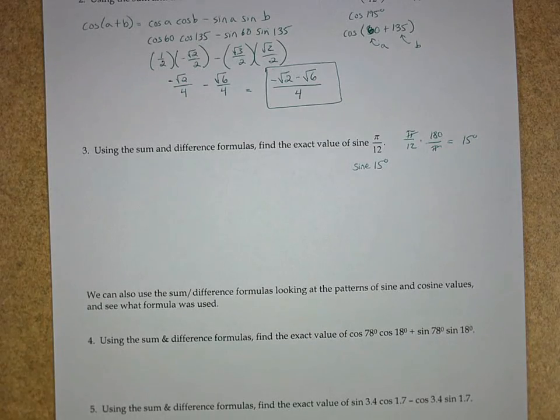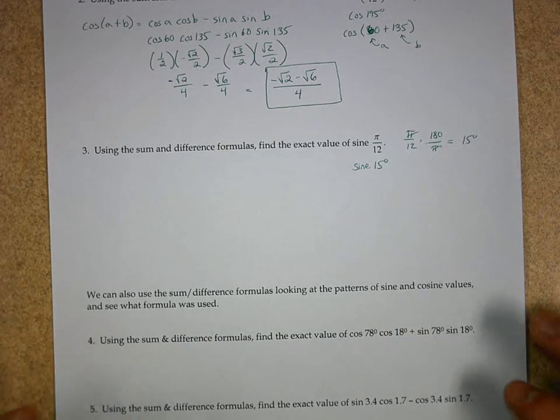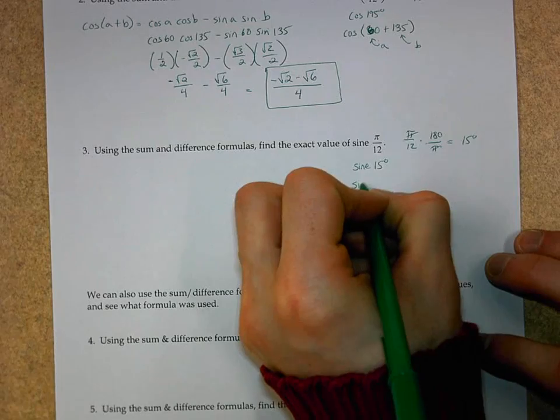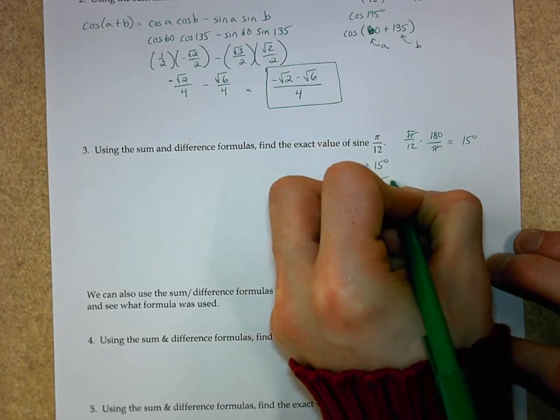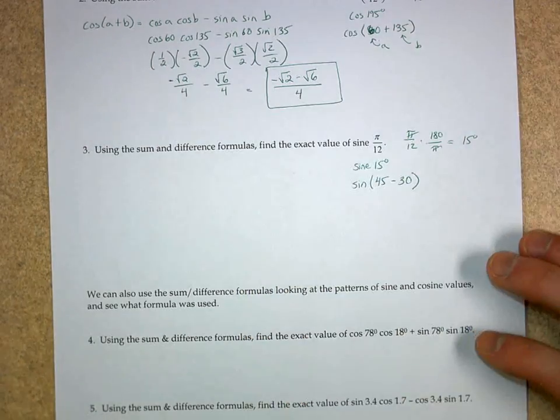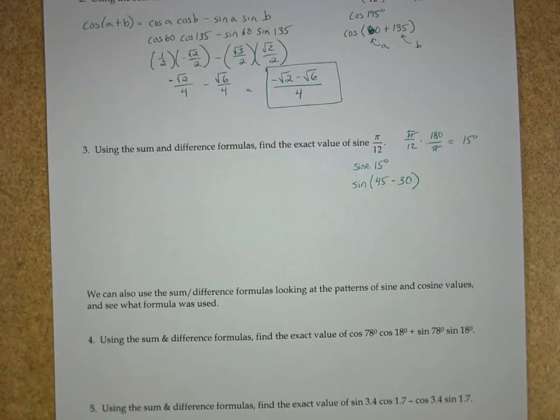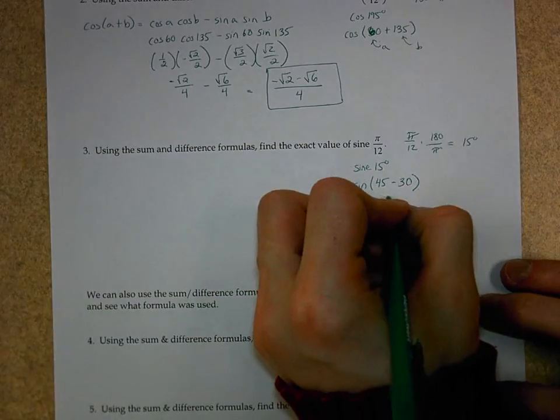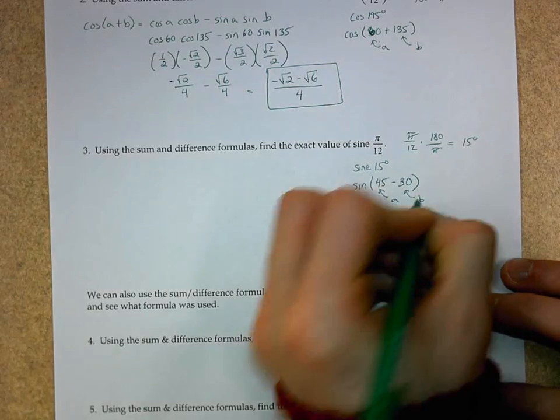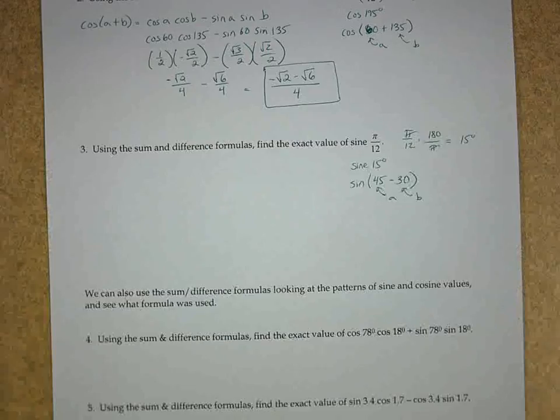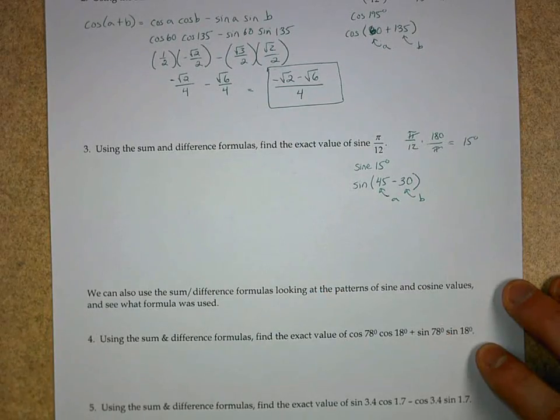Now, I don't know any way to add two numbers on the unit circle to give me 15 degrees, but I can definitely subtract two values. And the two values I can subtract are 45 and 30. So this one's going to be a difference formula, where I'm going to let A be 45 and B be 30. So this is going to be a sine of A minus B problem.